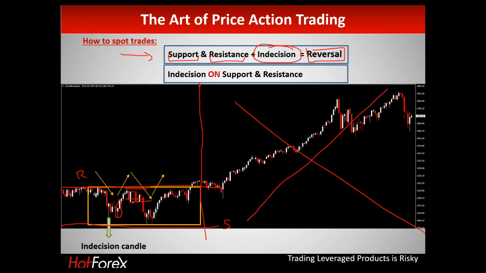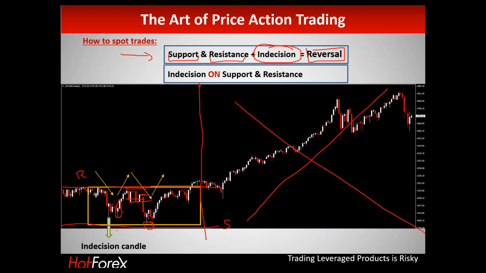The break of this level, which was sustained for many sessions, was my breakout and my sign for a trend reversal, with target at the support level and stop loss either at the resistance level or above the previous high. This is how you could trade solely on the candlesticks once you are in a consolidation mode.